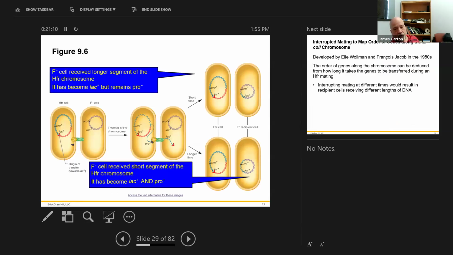You begin to feed in the chromosome. And if the time has been very short, basically only one of these alleles, in this case lac plus, gets transferred. And at the other site, it's still pro minus. But if you let it go a long time, both of these genes get transferred into the recipient cell.